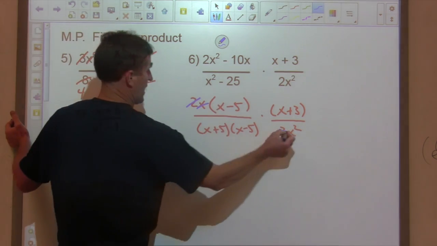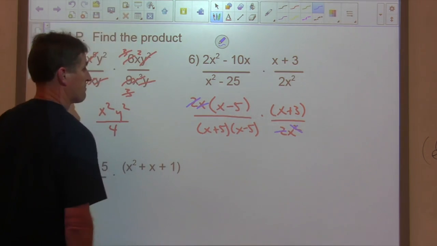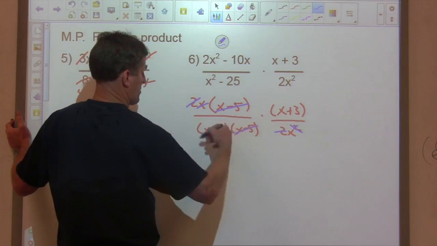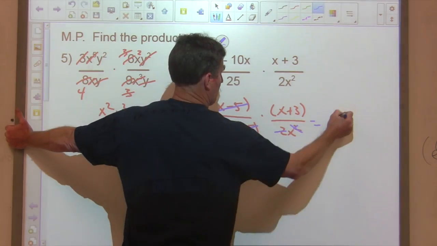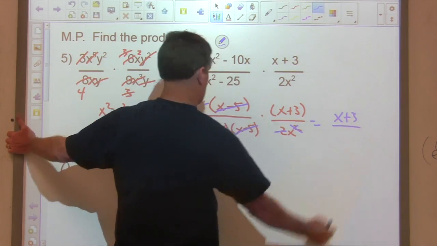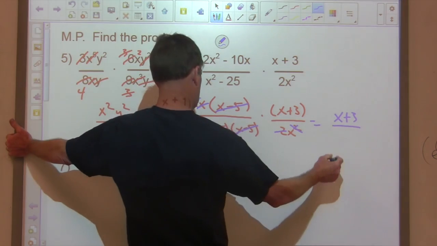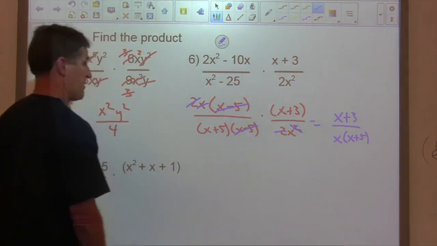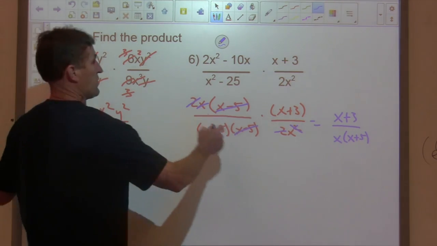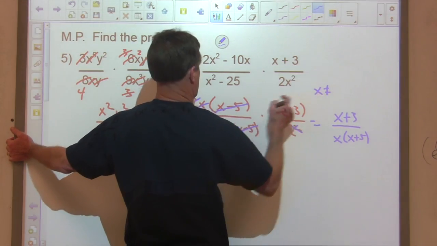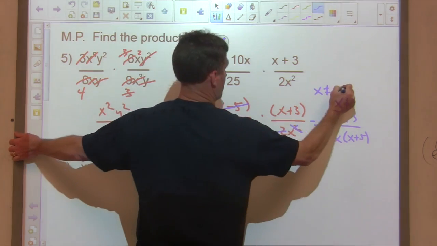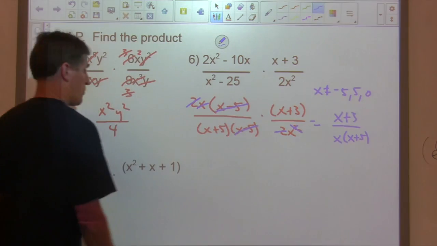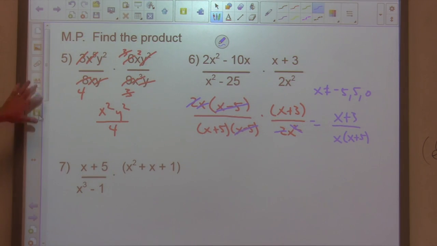I can cancel 1x for 1x. I can cancel an x minus 5 for an x minus 5. I have an x plus 3, none on the bottom. So I'm left with x plus 3 over x times x plus 5. Again, if you want your restrictions, x cannot equal negative 5, 5, or 0.